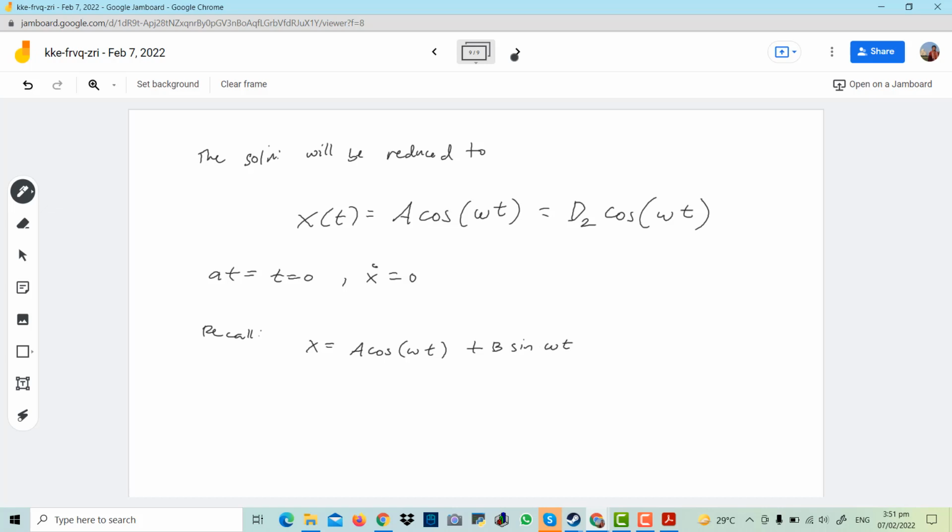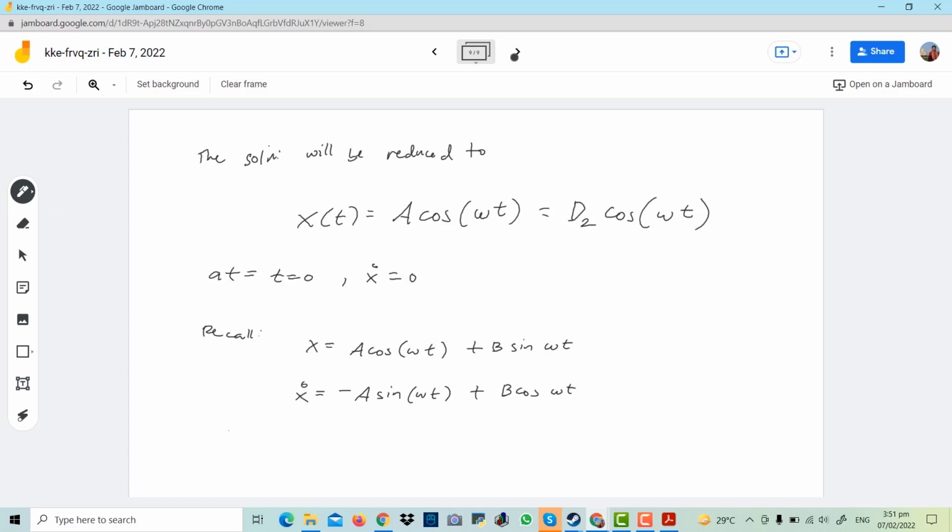If you derive this, x dot with respect to time will be equal to negative a sine of omega t plus b cosine of omega t. And at time equals 0, x dot is equal to 0.